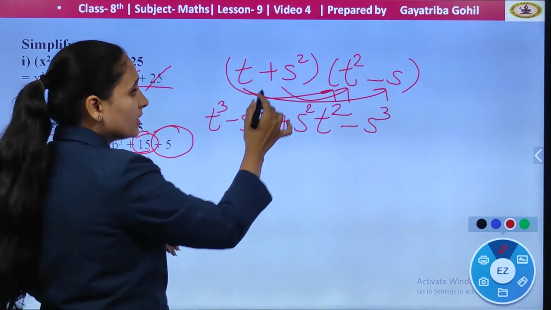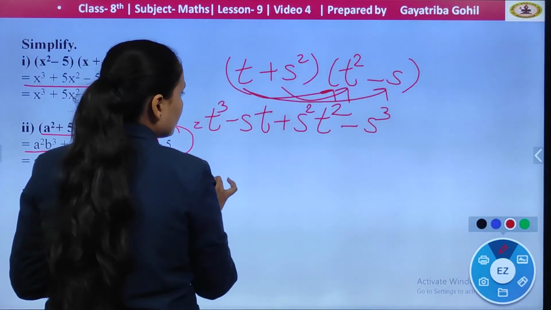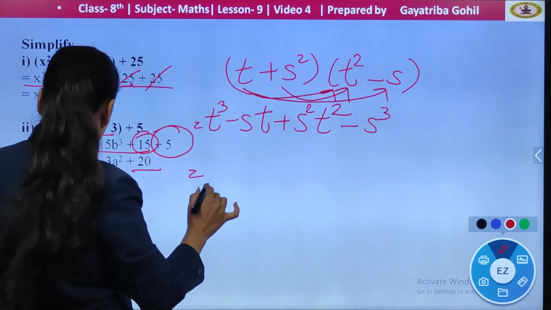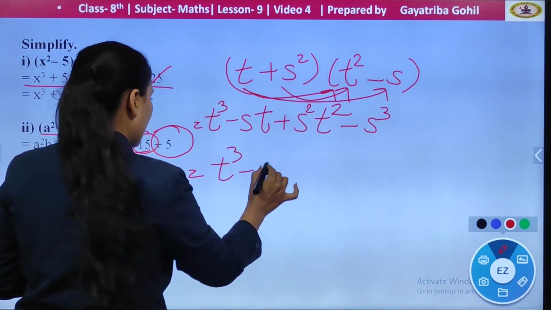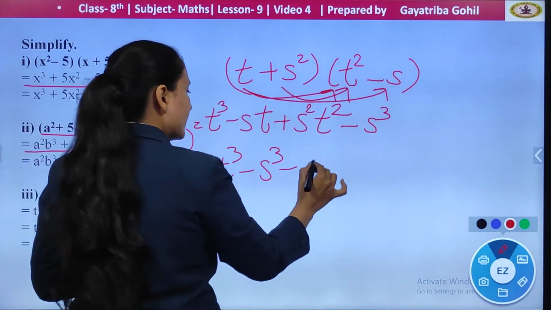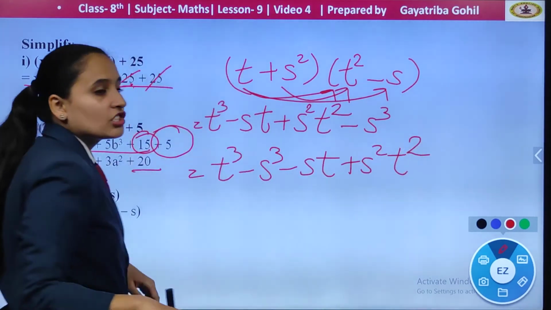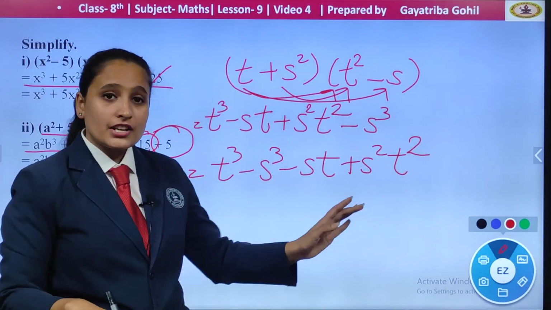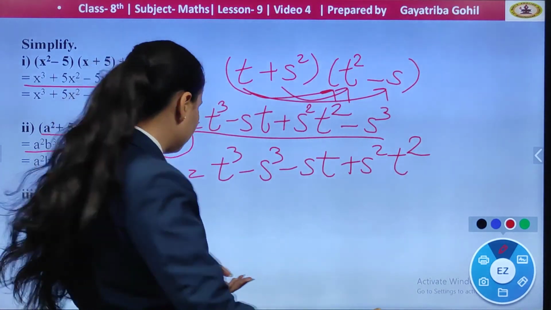So, here you will have t cube minus s cube minus st plus s square t square. This is your answer. Here I have simply rearranged the terms. If you do not do that, that is also okay. This is also your correct answer.